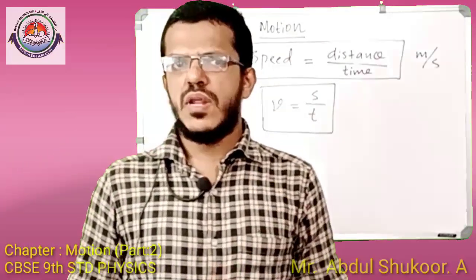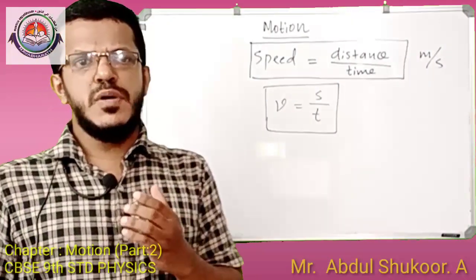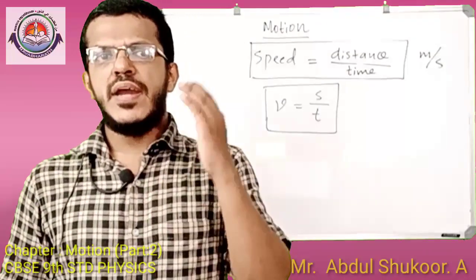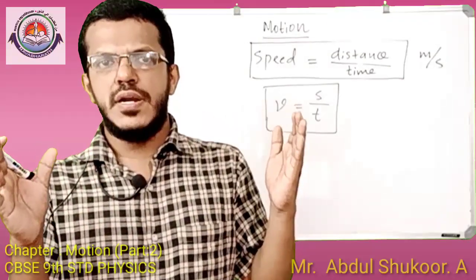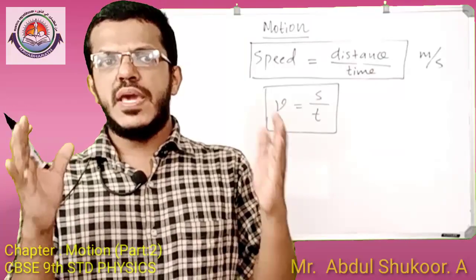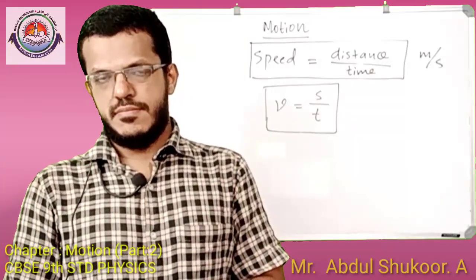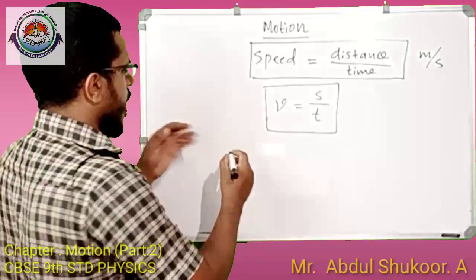Then how can we calculate average speed? The average speed of an object is obtained by dividing the total distance covered by the total time taken.